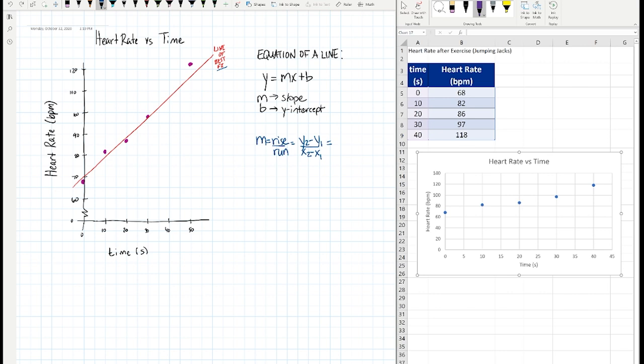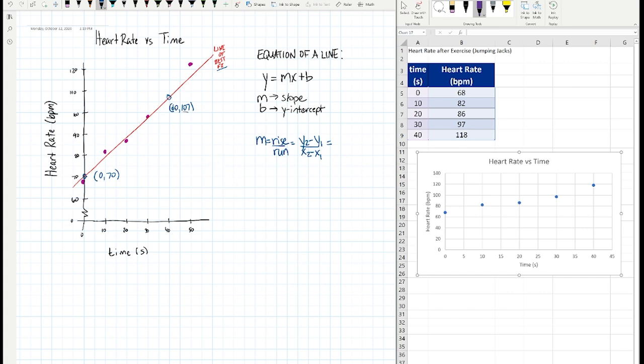So I can pick any 2 points. I'm going to pick this point here, which I see as 0, 70, and I'm going to pick the point here, which I see as 40, 107. Again, this is where error comes into play because you could have picked 2 different points, or you could have even picked the same 2 points but seen them a little differently.